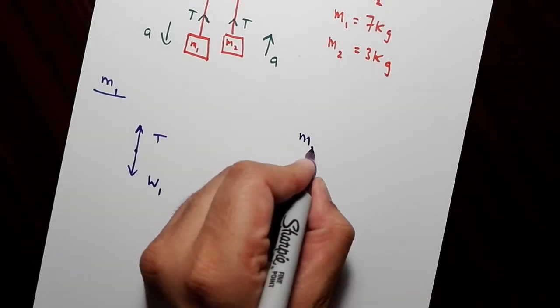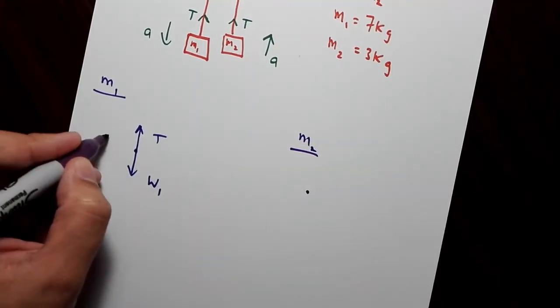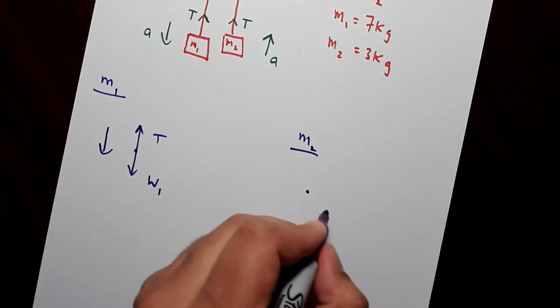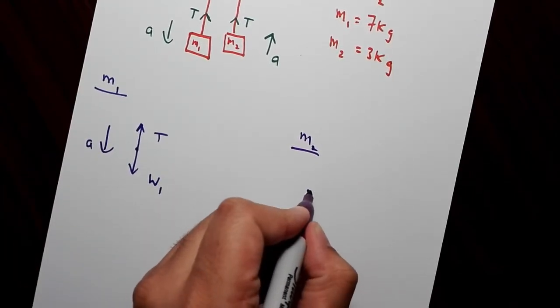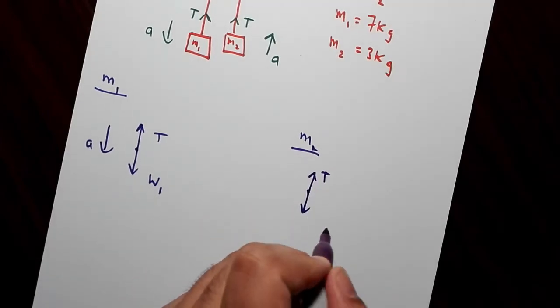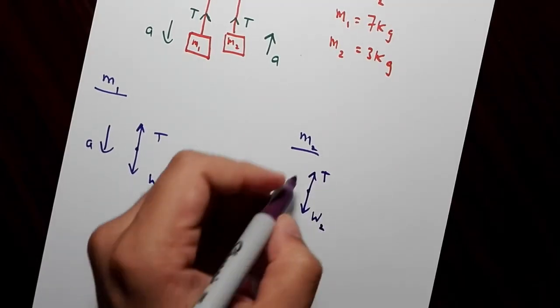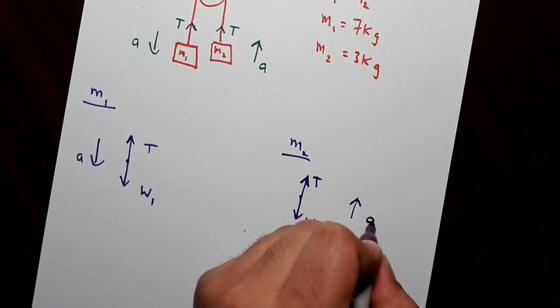For M2, now for M1 the acceleration is downward, and for this guy again tension up and W2 down. Okay, so acceleration for this guy is upward.